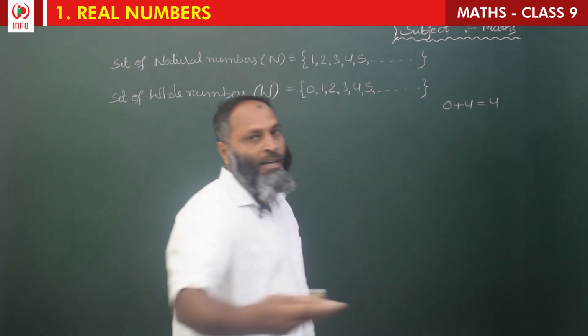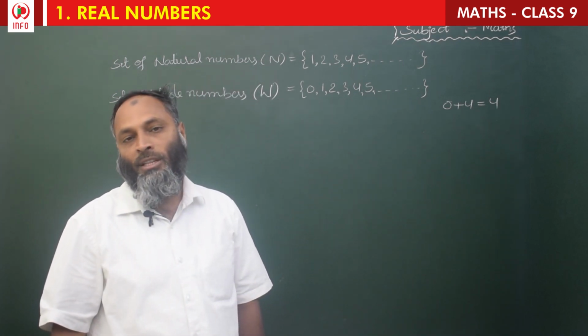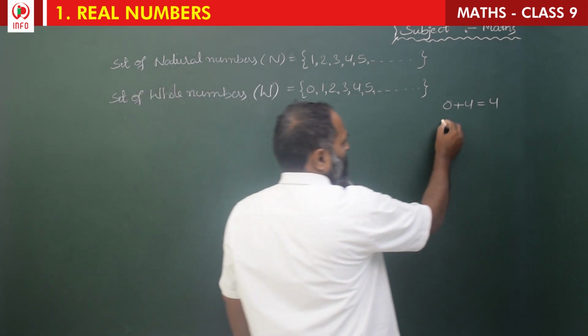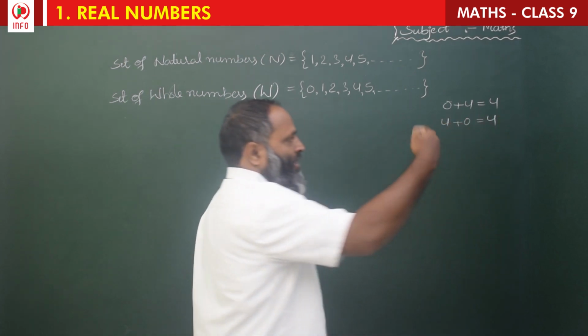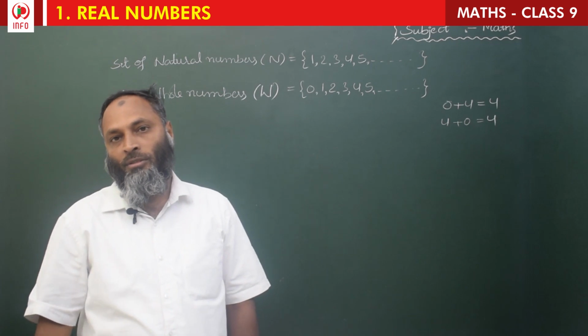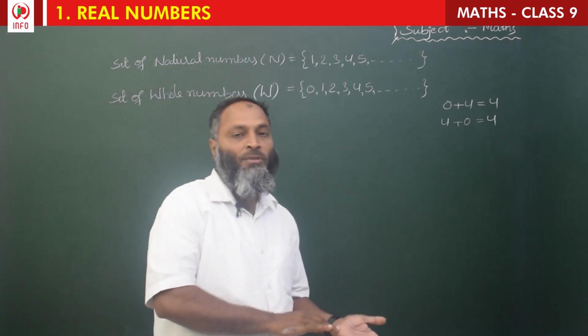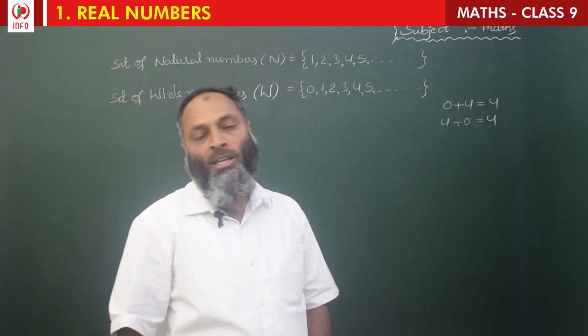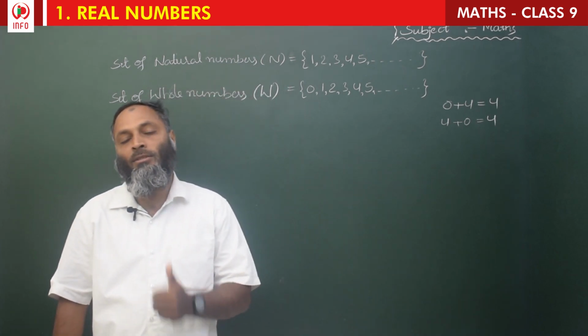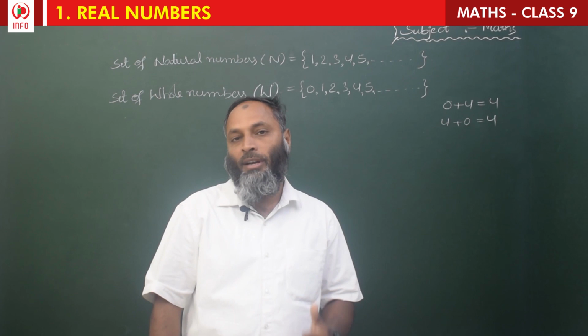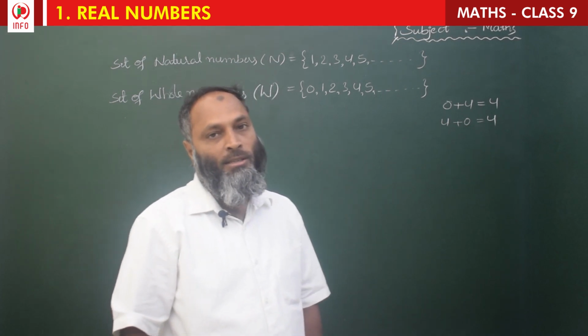If 0 is added to any number, the number itself is the answer. 4 plus 0 is also 4. Either 0 plus 4 or 4 plus 0, that is 4 only. This rule is called the commutative property, that we discussed in our previous classes.